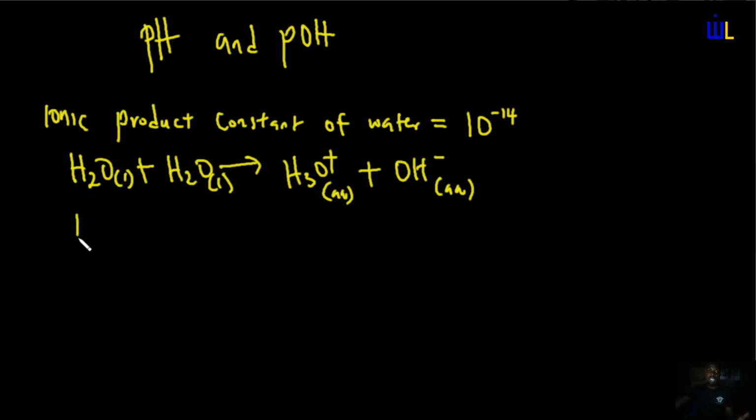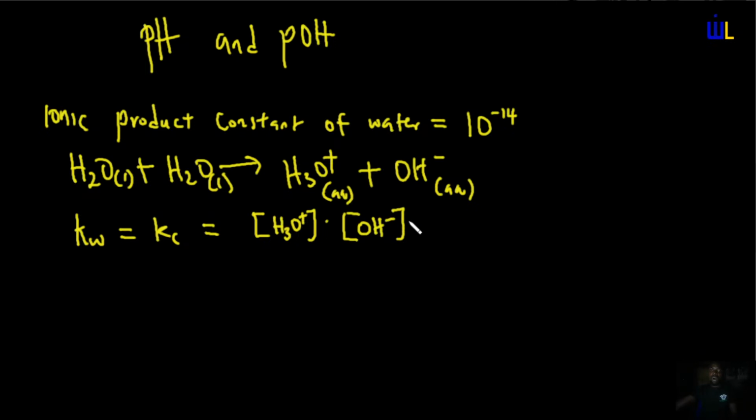So we said yesterday that the ionic product constant of water, which is the equilibrium constant for this reaction, will be equal to the concentration of H3O plus, raised to power 1, we don't need to indicate that, multiplied by the concentration of OH minus raised to power 1. We now said dividing it by these two, which are liquid, so you are going to have 1 times 1, which is eventually still going to leave us here.